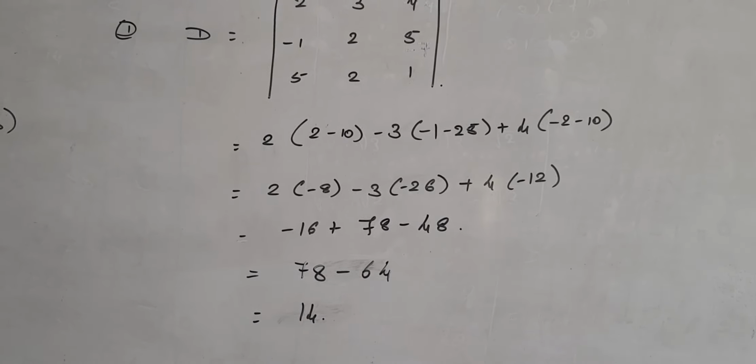So here you get the statement of theorem number 1. Statement of theorem number 1 is what? If we interchange all the elements of the rows into columns, the value of the new determinant does not change.